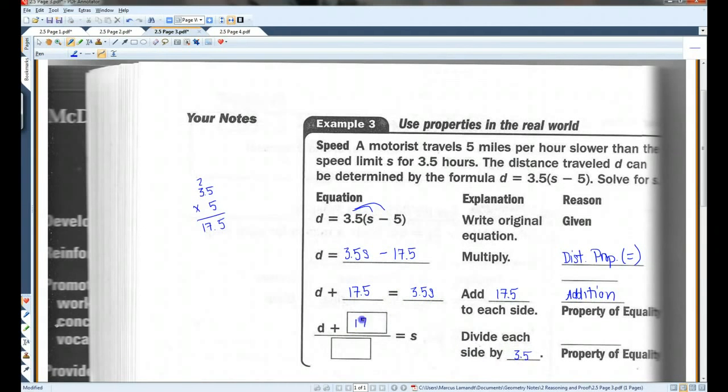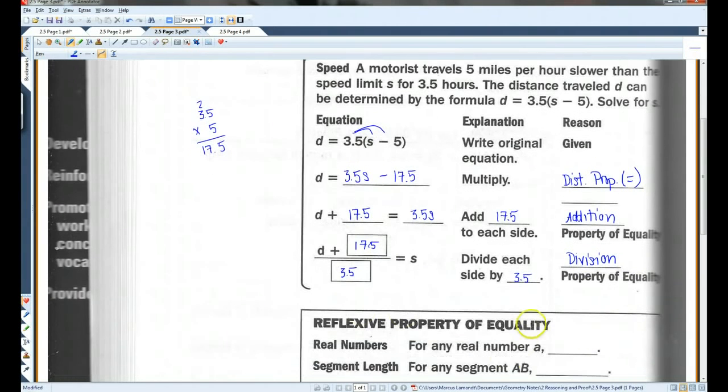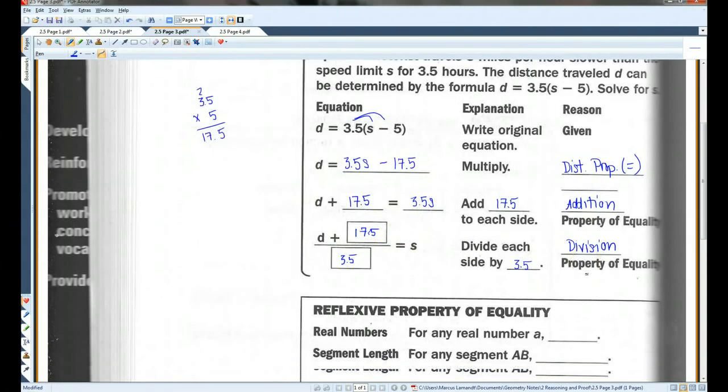So now I have d plus 17.5 over 3.5. And this is the division property of equality. And that's it. Because we don't know what d is, we cannot get an actual numerical value for s. So this would be as far as we can go.